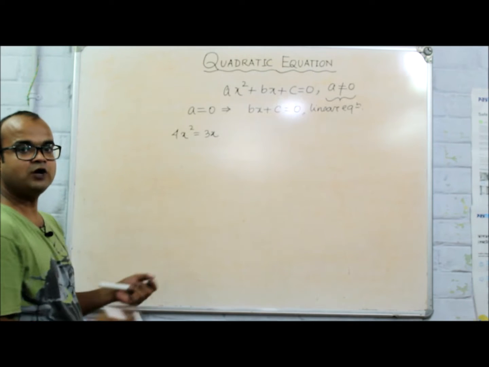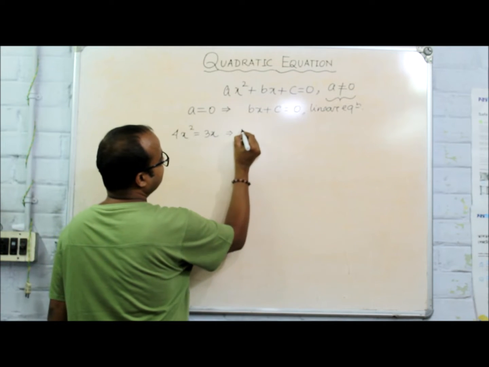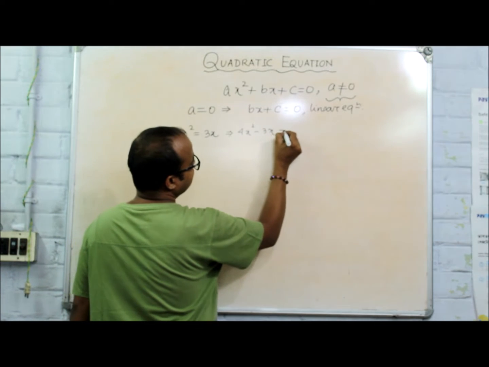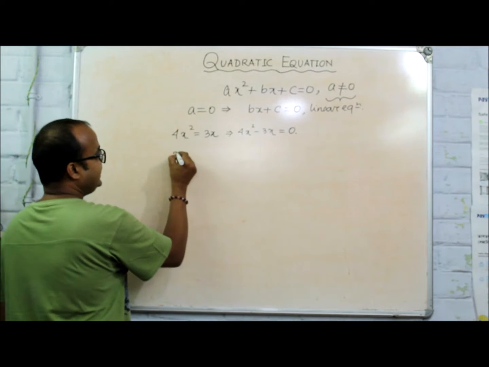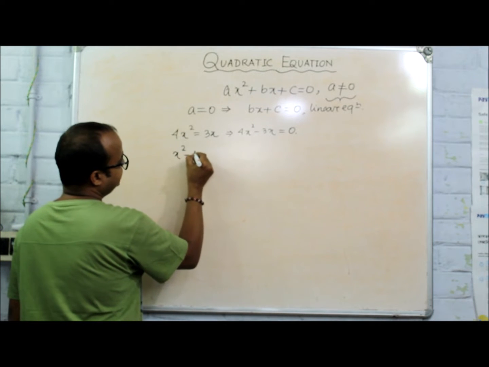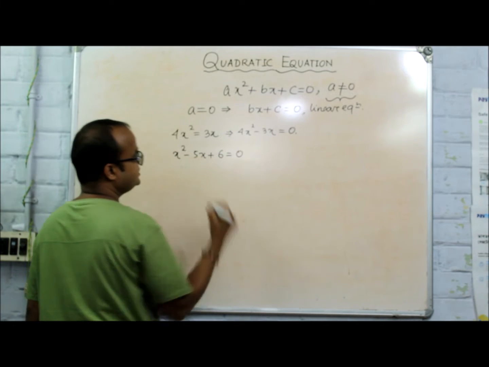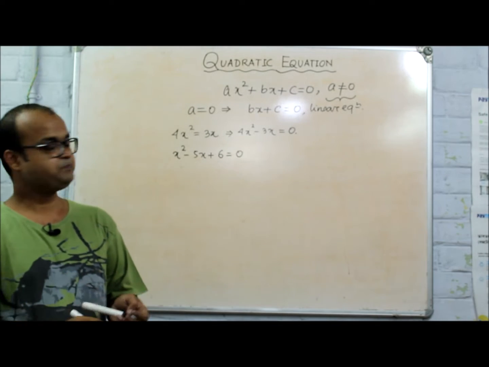It is an example of a quadratic equation because it can be written as 4x square minus 3x is equal to 0, or x square minus 5x plus 6 is equal to 0. It is an example of a quadratic equation.